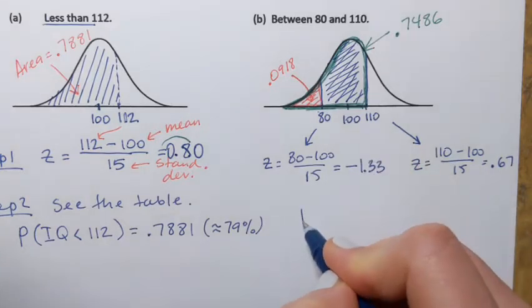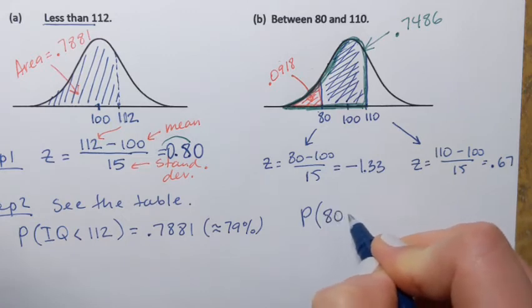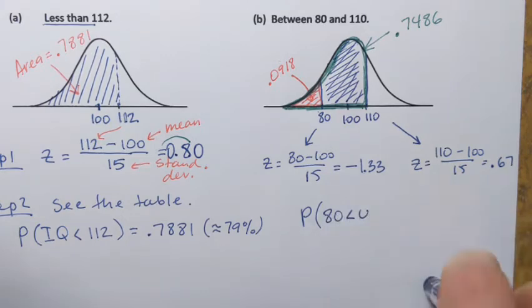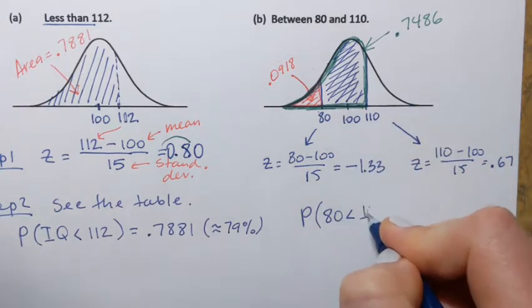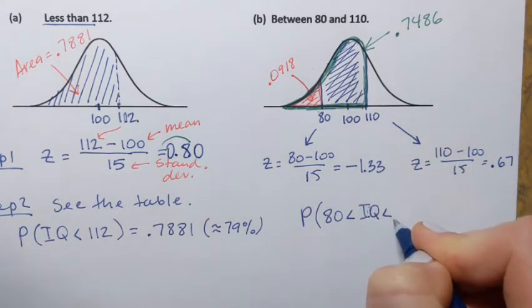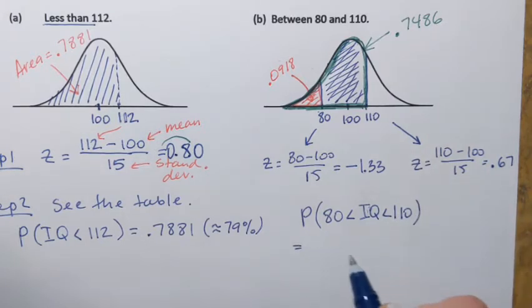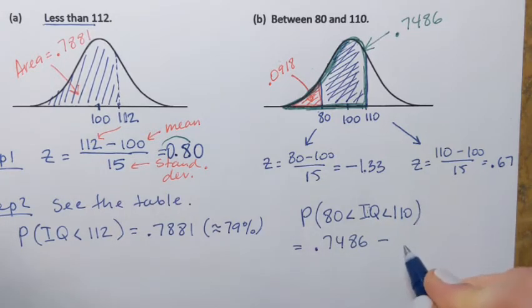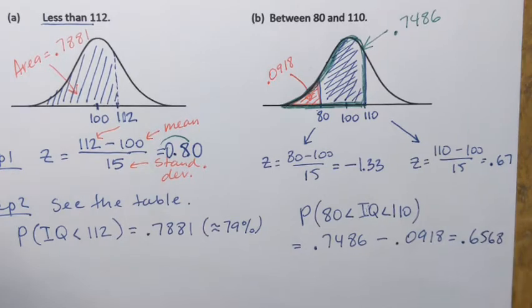So to find the probability that IQ is between 80 and 110, I'll use the double inequality, I have to take 0.7486 and subtract 0.0918, and the difference is 0.6568.